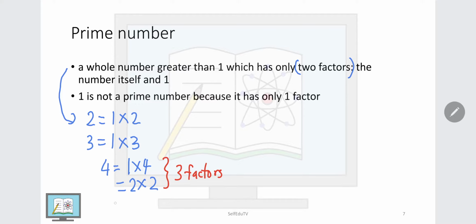Therefore, we conclude that 4 is not a prime number. Four is not a prime number because it has 3 factors. A prime number has only 2 factors.